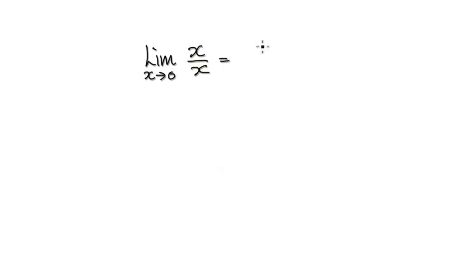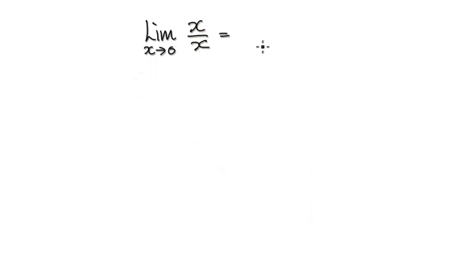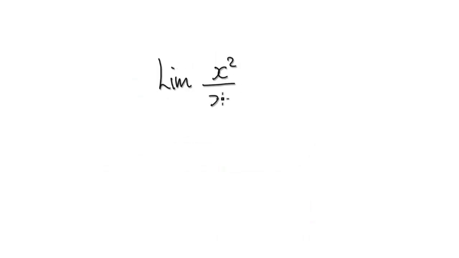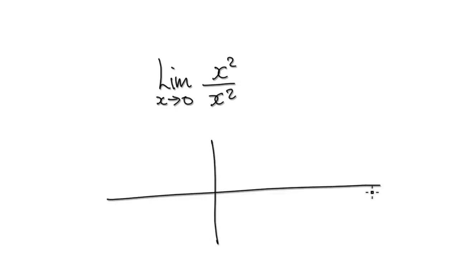Okay. So if I were to give you this, what is the limit of x squared over x squared as x heads towards 0? You can use the same argument. Suppose it's 3 here. 3 squared is 9, divided by 9 here.